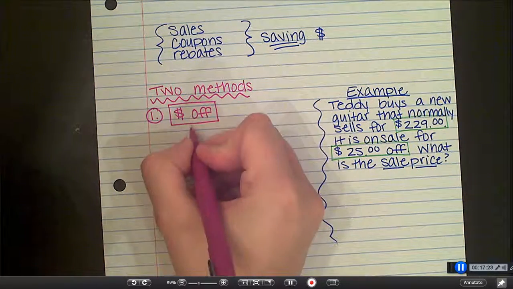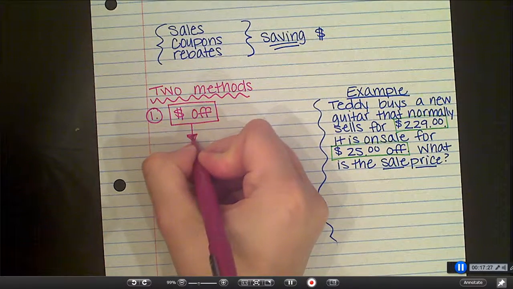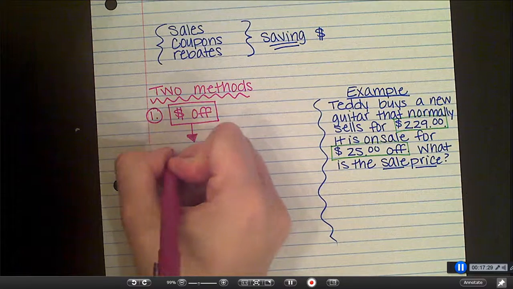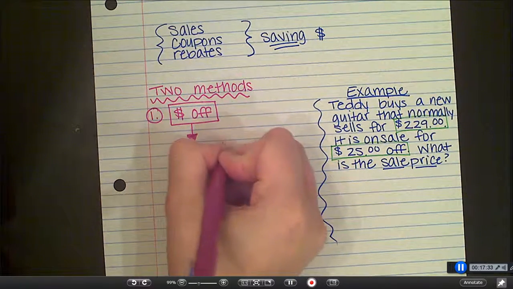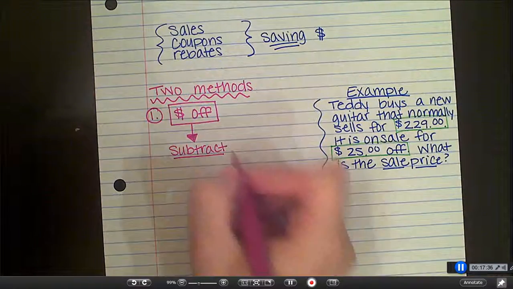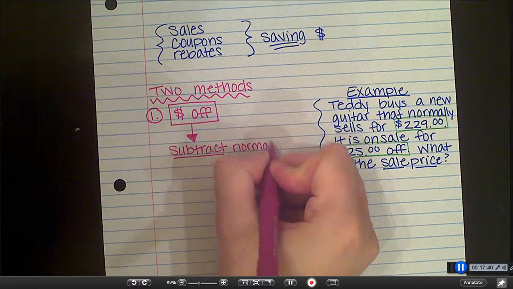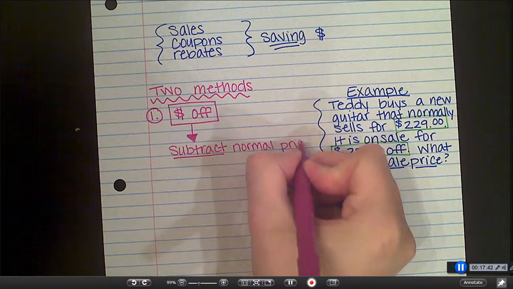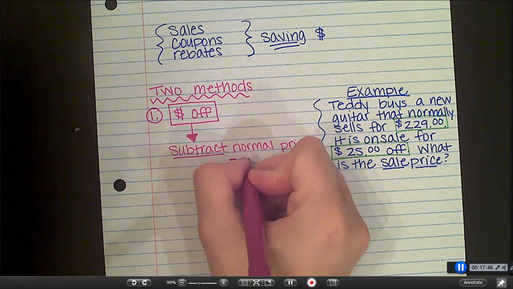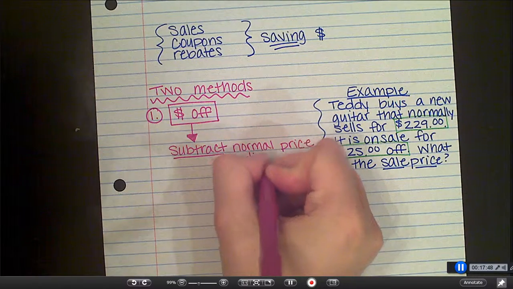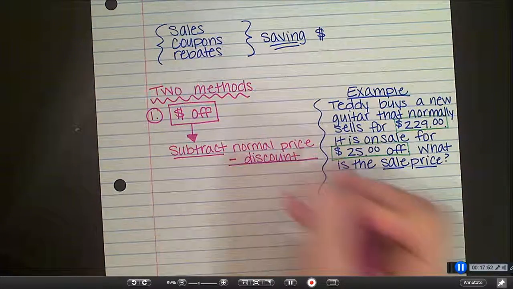All we have to do in a dollars off problem is subtract the normal price minus the discount. That's all we're doing. Normal price minus the discount.